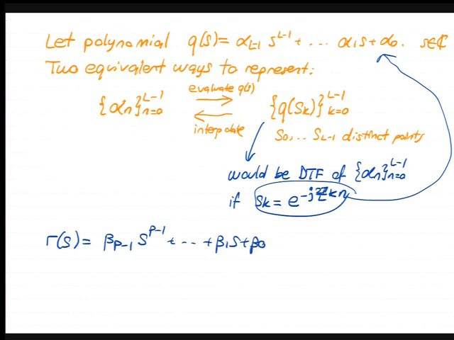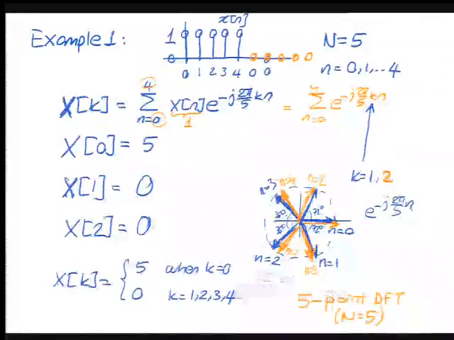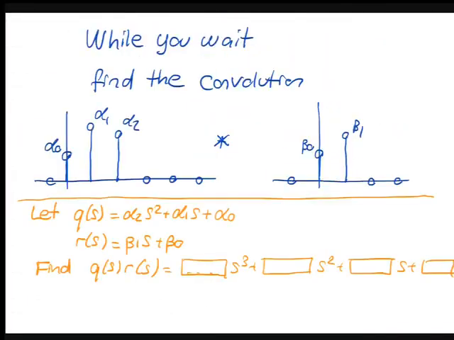And I want to find Q of S times R of S. That is going to be a polynomial of degree L plus P minus 1, and those coefficients will come from the convolution of the coefficients of the individual polynomials, right?